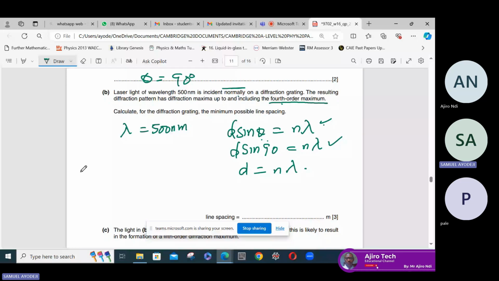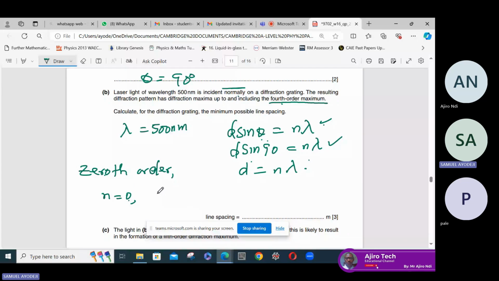As I explained in the note the other time, in this formula n starts from 1, but here n starts from 0. So for the first order n is 0, for the second order n is 1, for the third order n is 2.